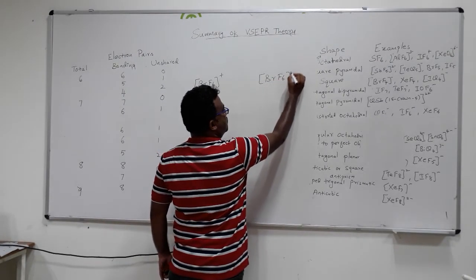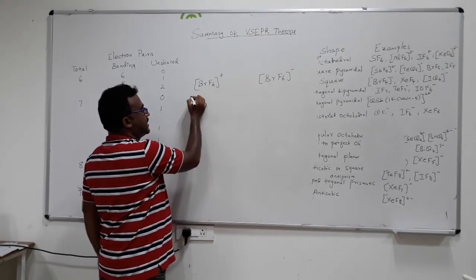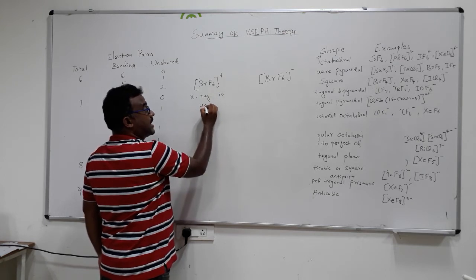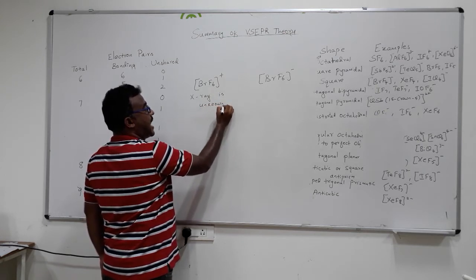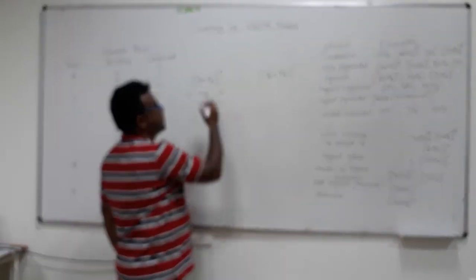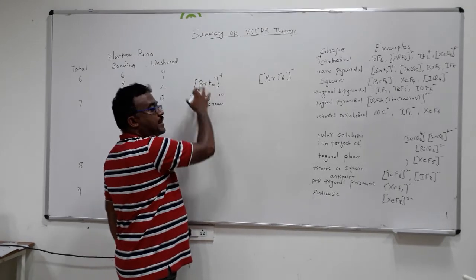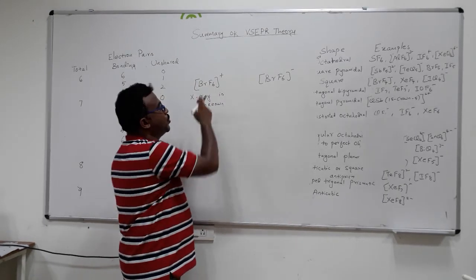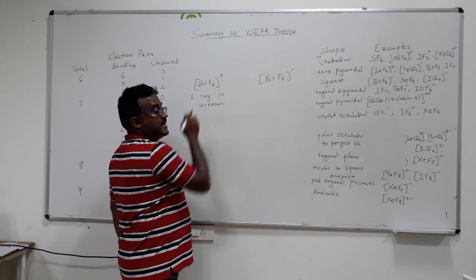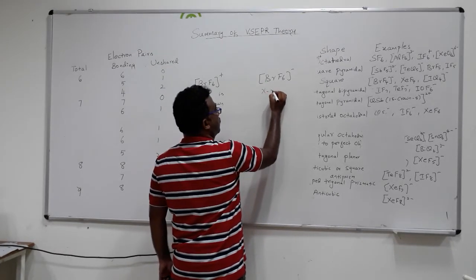If we compare these two molecules, for BrF6 plus the X-ray structure is still unknown, because this molecule has bromine in the +7 oxidation state, known in halogen chemistry as bromine heptafluoride in the upper form. It is a very strong oxidizing agent as well as fluorinating agent, and a very reactive compound. The X-ray is unknown for the +7 one, but for this one it is known.